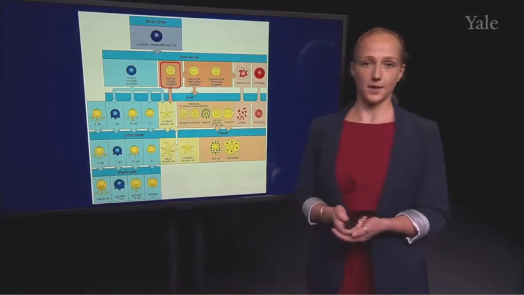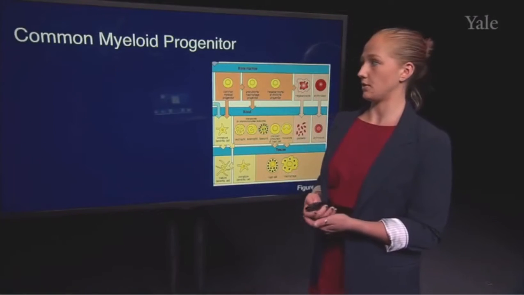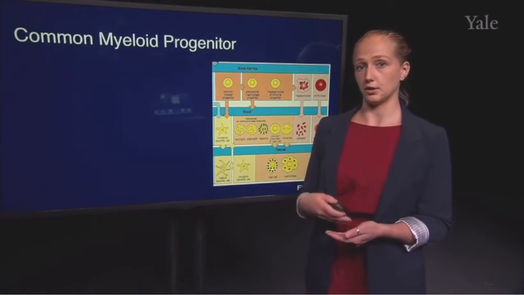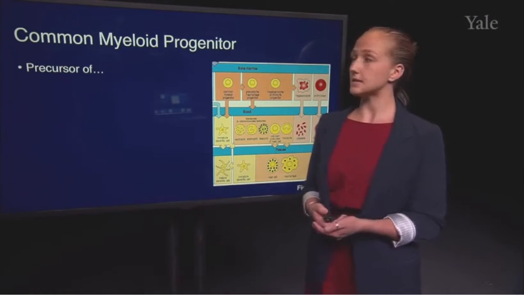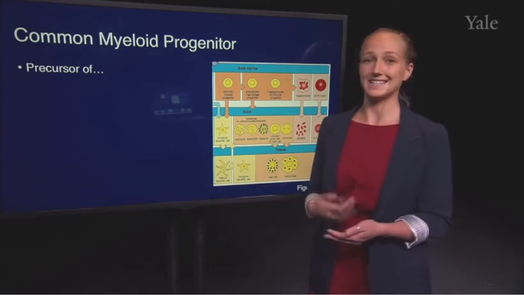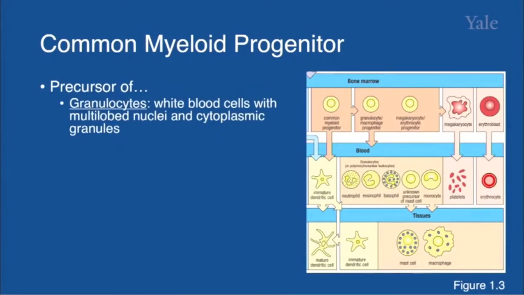So let's start with the common myeloid progenitor cell. So the common myeloid progenitor cell, again, is differentiated from the pluripotent hematopoietic stem cell. And this myeloid progenitor cell in itself is also a progenitor for other cells. And it can give rise to granulocytes, which are white blood cells with multi-lobe nuclei and cytoplasmic granules, which you can see here.